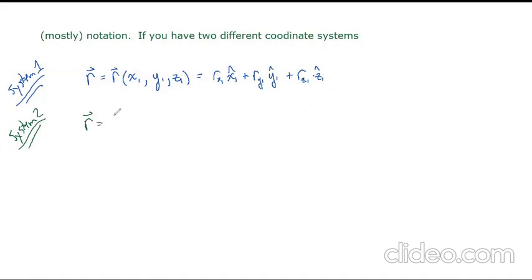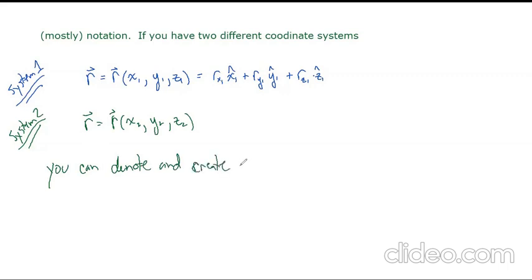Same exact vector, but now I'm describing it in terms of x2, y2, z2. So, again, literally the same vector. So we'll just say direction cosines.